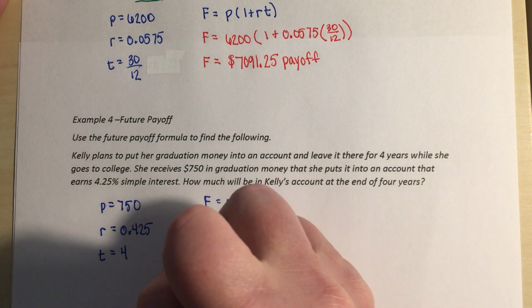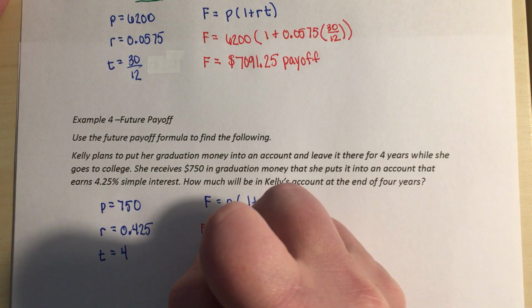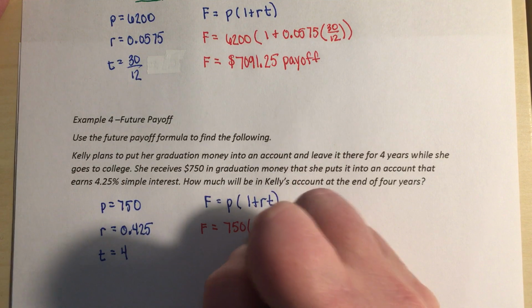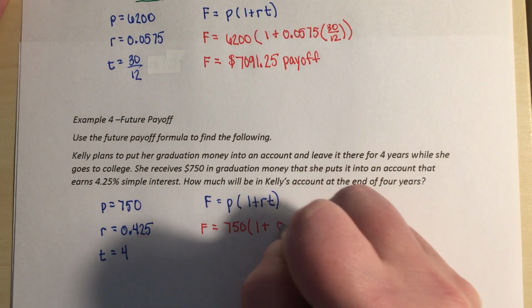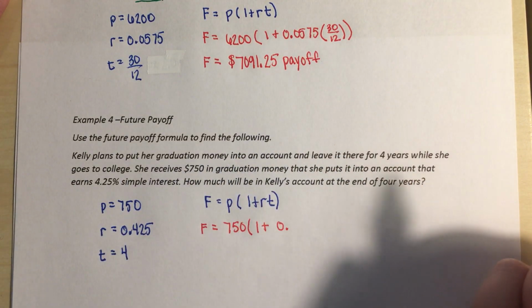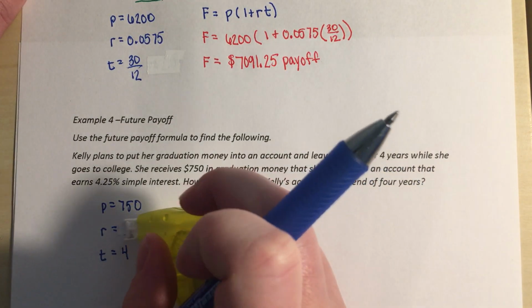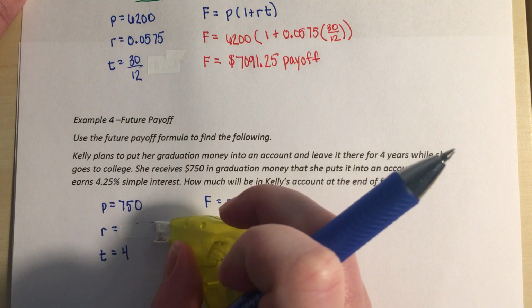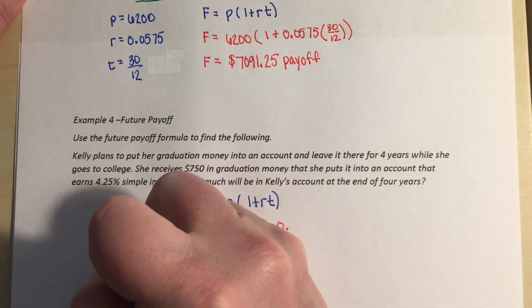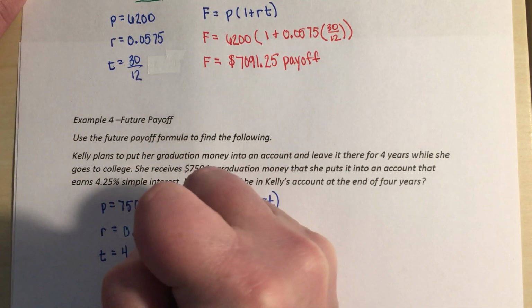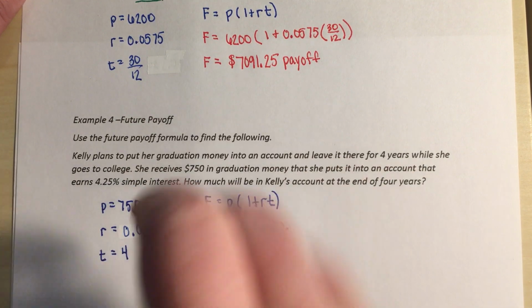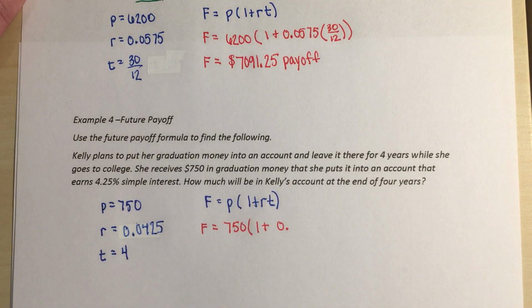We're going to plug everything in here: 750 times 1 plus, and I lost a 0 on my decimal here, I need 0.0425. That way we shifted over 2 places, not 1, as I had originally written down.